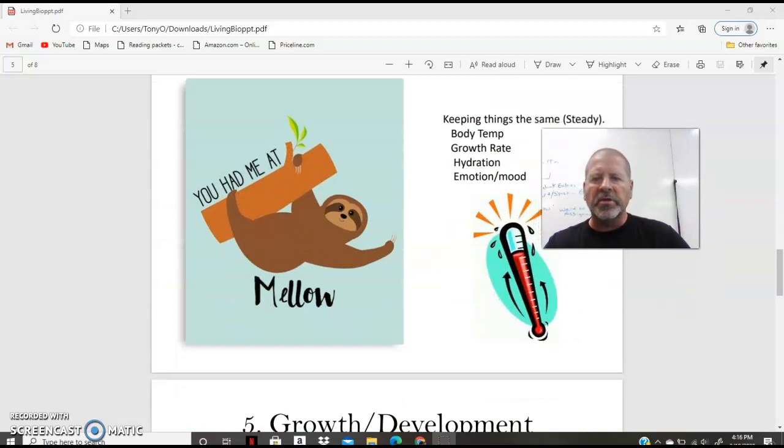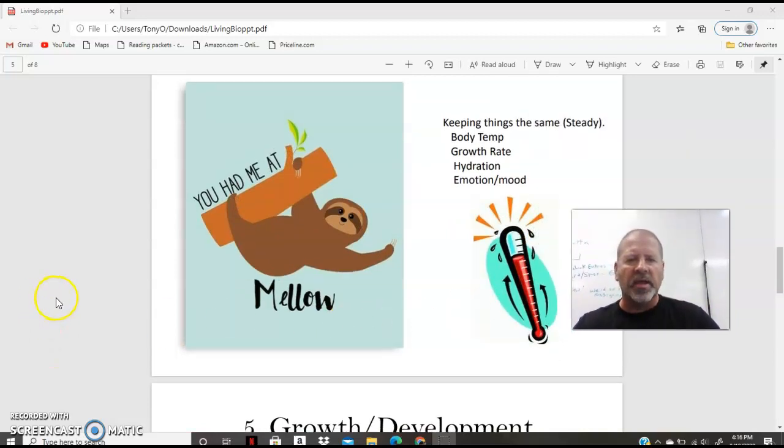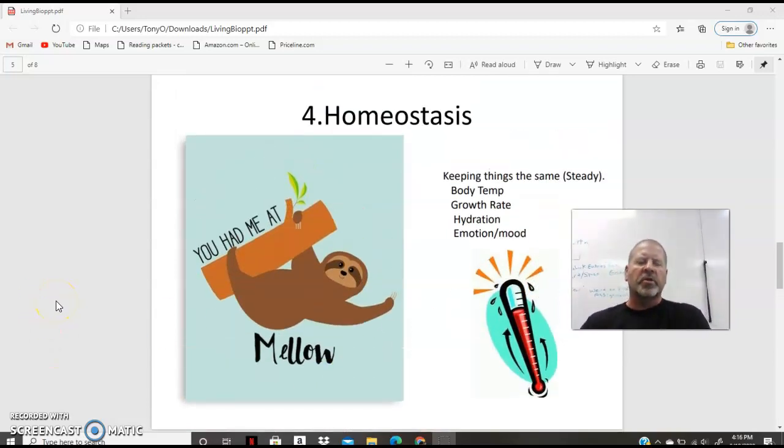The word homeostasis means keeps same. So all living organisms are able to maintain homeostasis somehow, some way. There's animals that live at below freezing temperatures, down below sea ice, and they are able to keep a mellow temperature. If you were to take them and thrust them into warmer water, they'd be dead really quick.